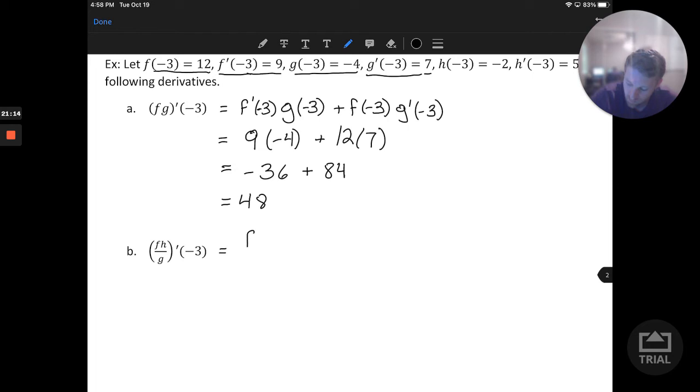So we'll just do that in general. f times h prime at -3 times our g function at -3 minus, we'd have just the f times h function, excuse me, multiplied at -3.